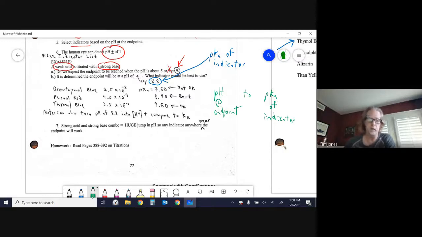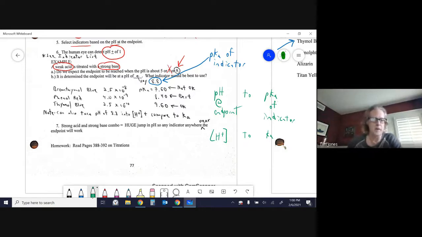You could, if you want, get rid of the p's and compare H plus at endpoint to the Ka of the indicator. But at this point, you'll be looking at exponents. It's not quite as obvious, but that will work as well.